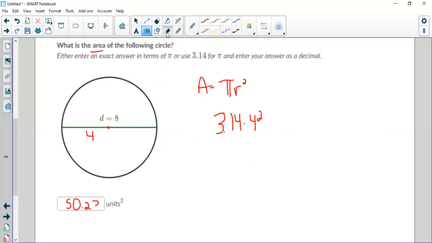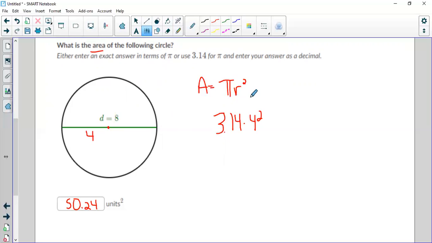Sorry about that. Anytime you have diameter, the area formula needs a radius. Diameter is not going to help. You're going to need to take that diameter, cut it in half, make it into a radius, and use radius in the formula.